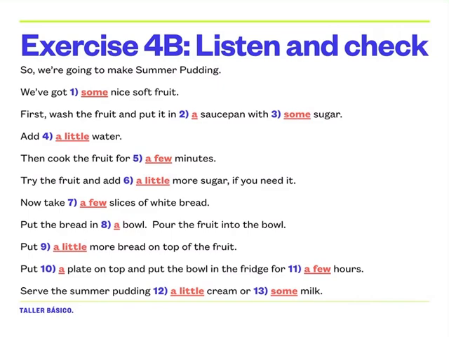Number 10, a plate. Plate is countable, a plate. Number 11, a few hours. Hours is countable, so we use a few hours. Number 12, cream, uncountable, a little cream. And number 13, milk, some milk, uncountable.